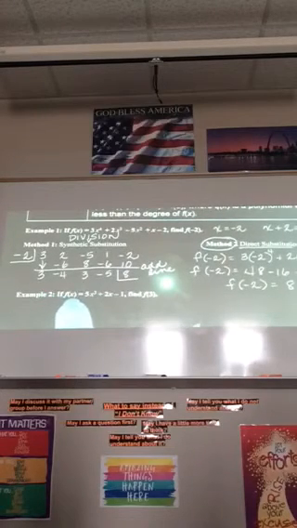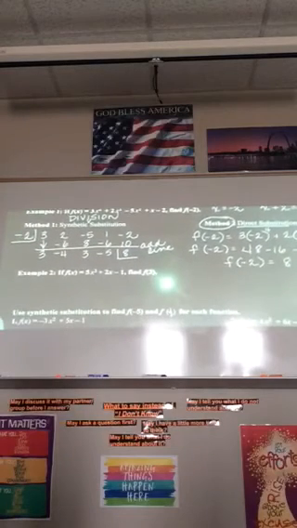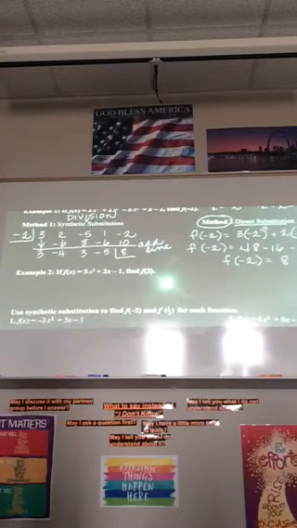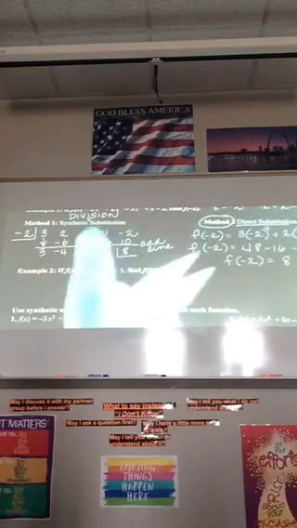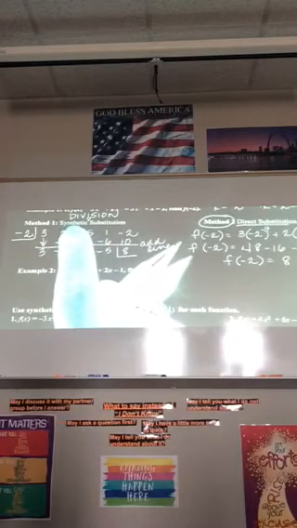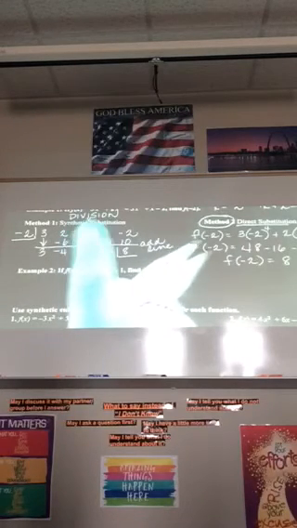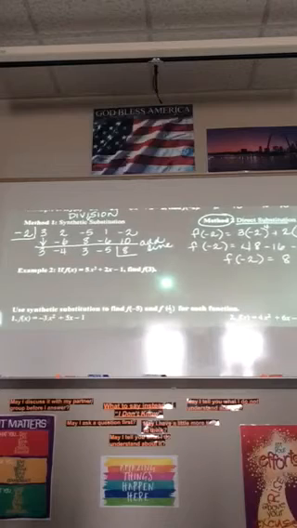If f of x equals 5x cubed plus 2x minus 1, find f of 3. Okay, algebra students, you now have two methods to find f of 3. You can either use direct substitution or you can use synthetic substitution, which is just technically synthetic division.